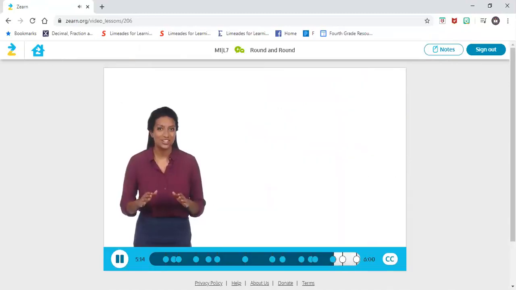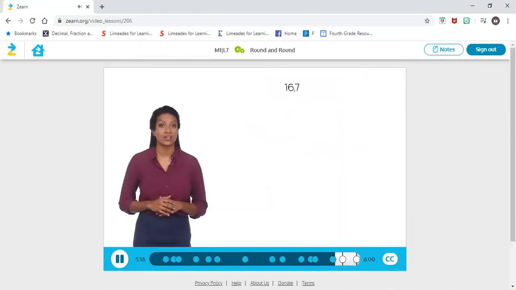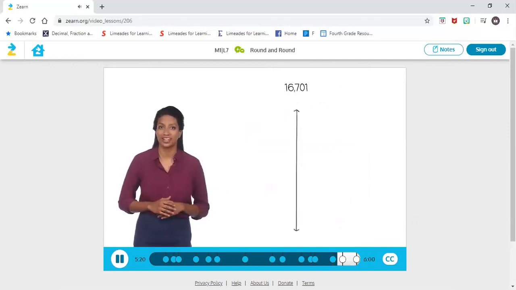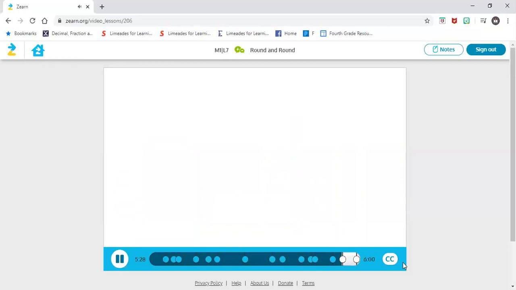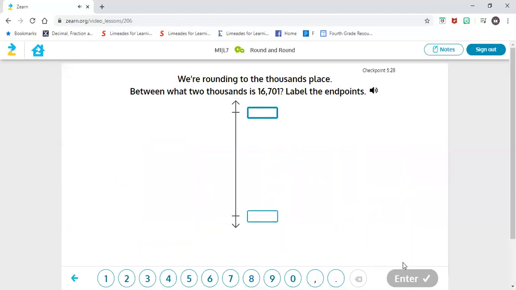Ready for a challenge? Round 16,701 to the nearest thousand on your own using a vertical number line. Start by labeling the endpoints. Between what two thousands is 16,701? So again, when I read my number, remember I have units. In my thousands place, I have a 6. So my 6 has two choices.